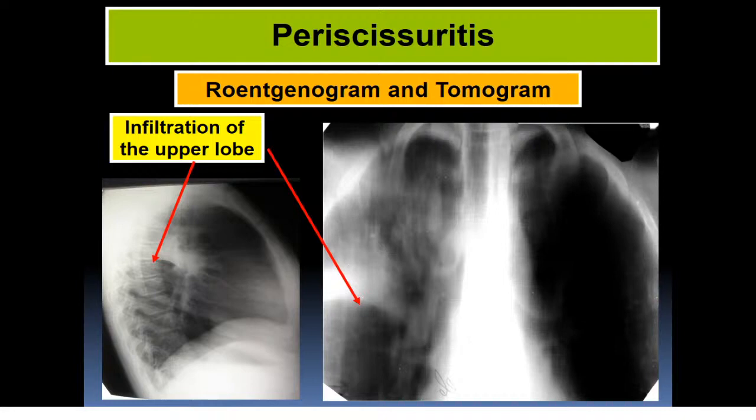The upper border is not clear, it's not limited. And on tomography in this patient, we can see infiltration with a clear lower border and an unclear upper border.